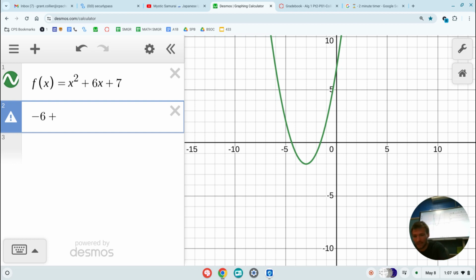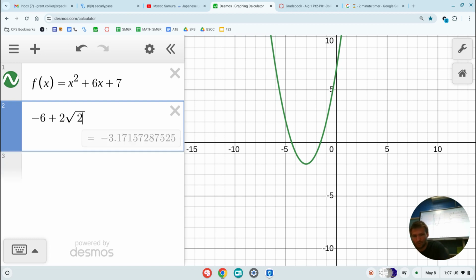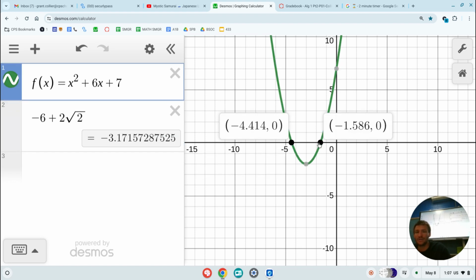Negative 6 plus 2 square root 2. Is that decimal a match? These decimals are ugly, but are they matched together? No, right? Negative 3.171, negative 4.4, negative 1. There's no matches.